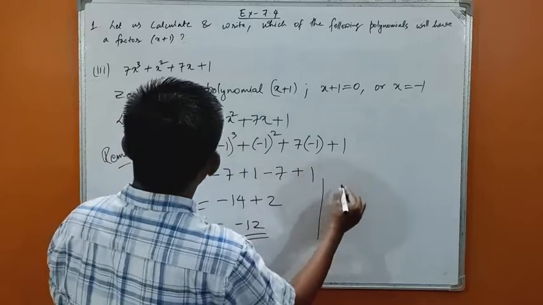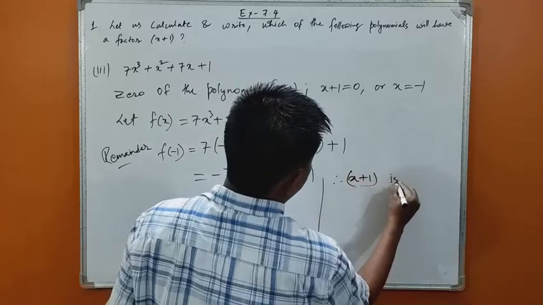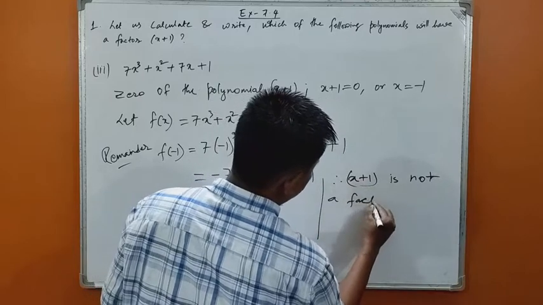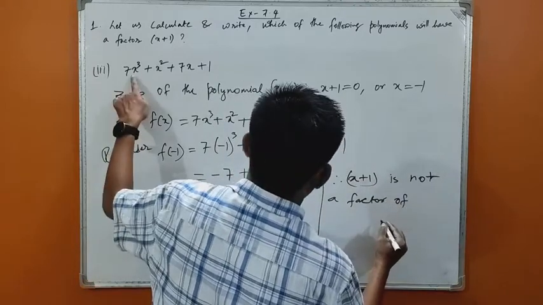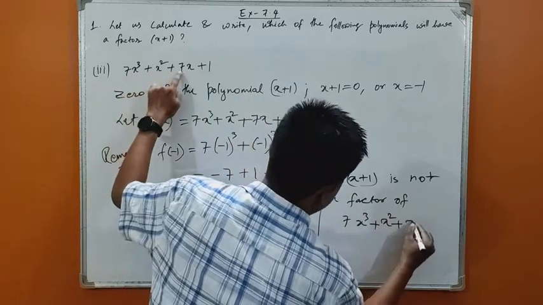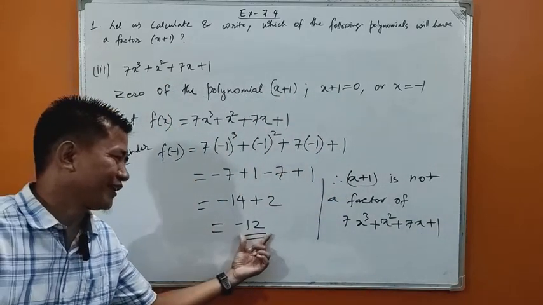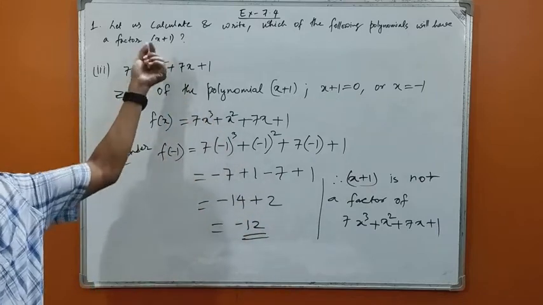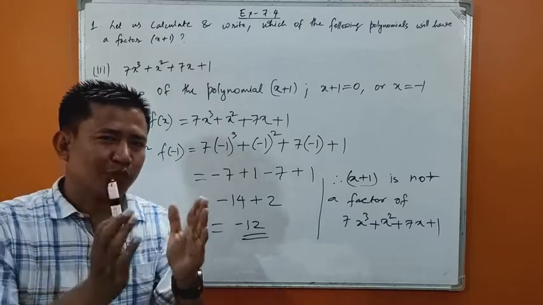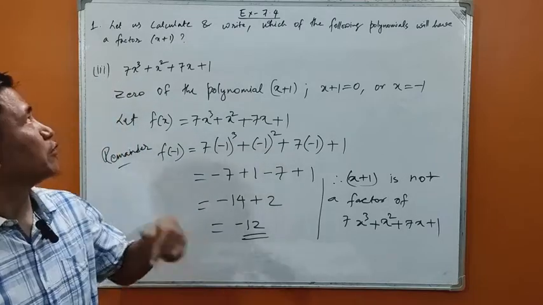So we can say x plus 1 is not a factor of 7x^3 + x^2 + 7x + 1. I hope you got this. If the remainder is not 0, then this will not be the factor of this. Okay, to become a factor, the number should be exactly divisible and the remainder should come 0. Okay, please take the screenshot and we will move to question number 4.